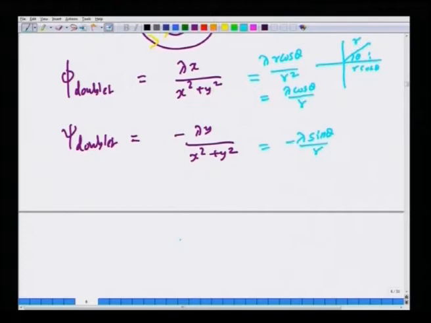The doublet is again a mathematical abstraction, but it is nonetheless a solution to potential flow, in which you have a source and a sink of identical strengths, the source positive and the sink negative.